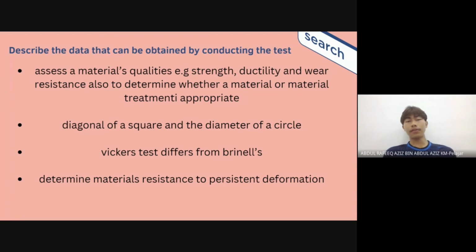Vickers tests differ from Brinell's. We can determine a material's resistance to permanent deformation. We also need a specified load on the indenter, a specific loading time profile, a specific load duration, and a specific indenter shape when drawing conclusions from a hardness test.